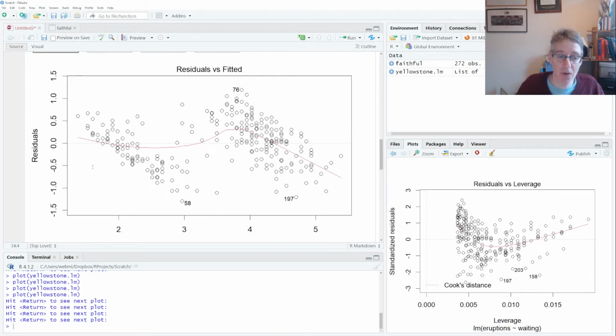The mean is 0, so maybe that's okay because we've designed that, but we've assumed that the variance is fixed, and that means that on average these points should be the same distance away from the line, so the amount they're above or below the line should on average be the same for each of these points.